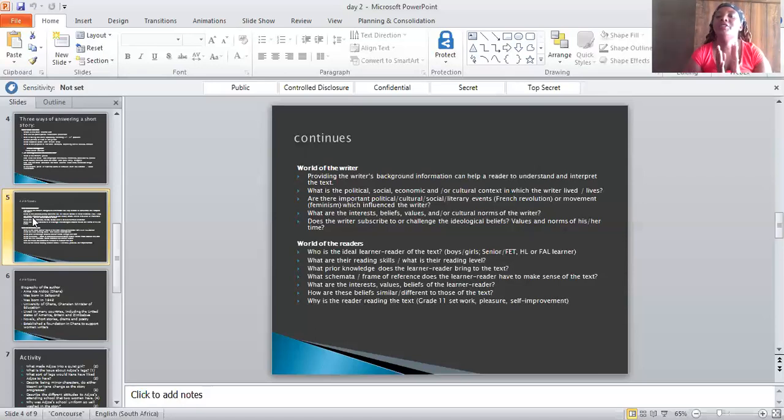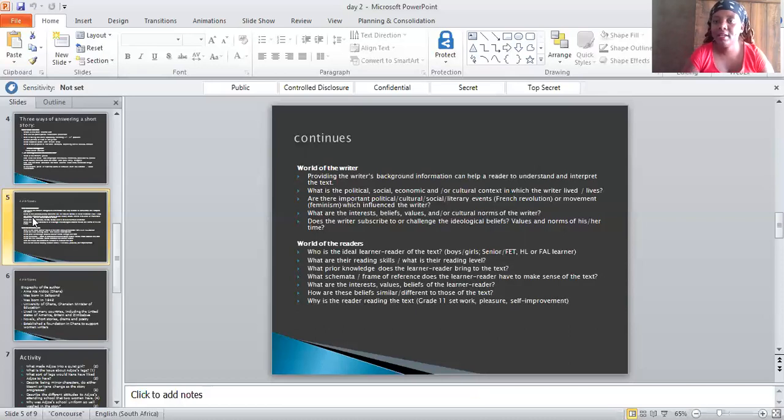What are the interests? What are the beliefs of the writer, the values and the cultural norms of the writer? Does the writer subscribe to the ideological beliefs, or does the writer challenge the ideological beliefs?